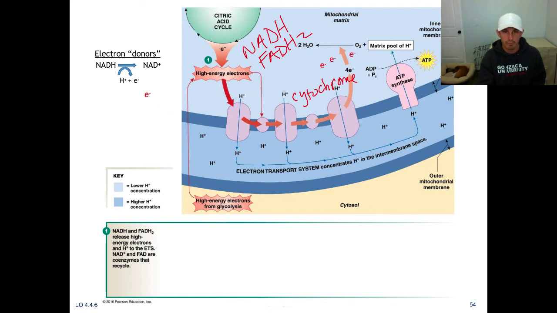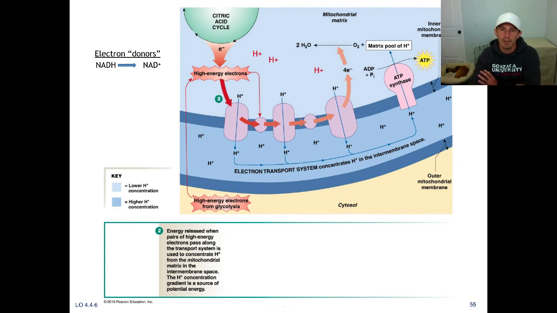Woohoo, really fun there. I'm proud of my animation. Now, they're not just sliding down the cytochromes because it's fun. There's a reason behind this. As the electrons flow across those cytochromes, it creates kinetic energy, and the cytochromes use that energy to pump hydrogen from the matrix into the inner membrane space.